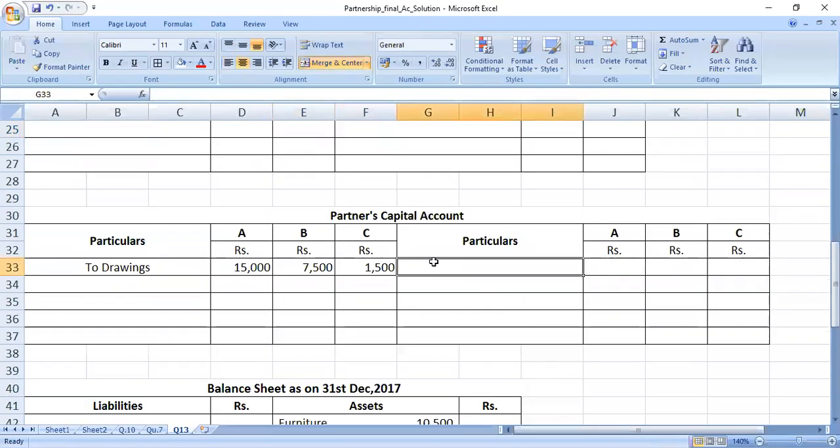We will write here by balance brought down. A's capital 24,000, B's capital 12,000, and C's capital 5,000. See how we record the partners capital balances which were in our trial balance.